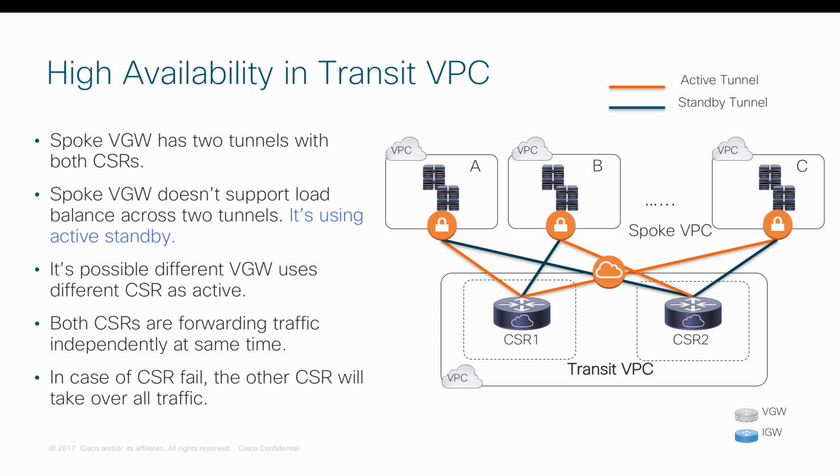So it is an active-active solution, and each CSR can do up to 5 gig, so the total should give you up to 10 gig throughput. And probably you have the question, okay, how do I make sure the spoke uses CSR1 as active? I will talk about it in the best practice section.